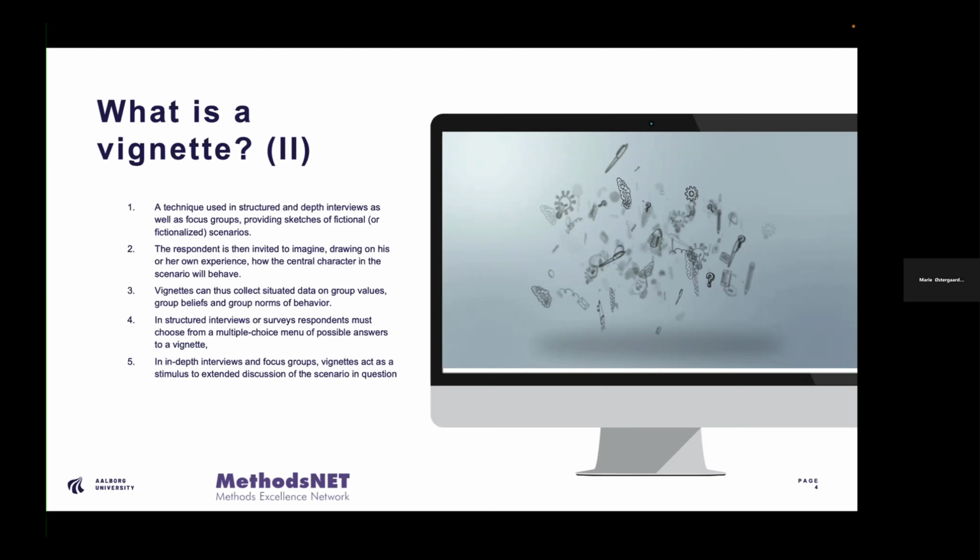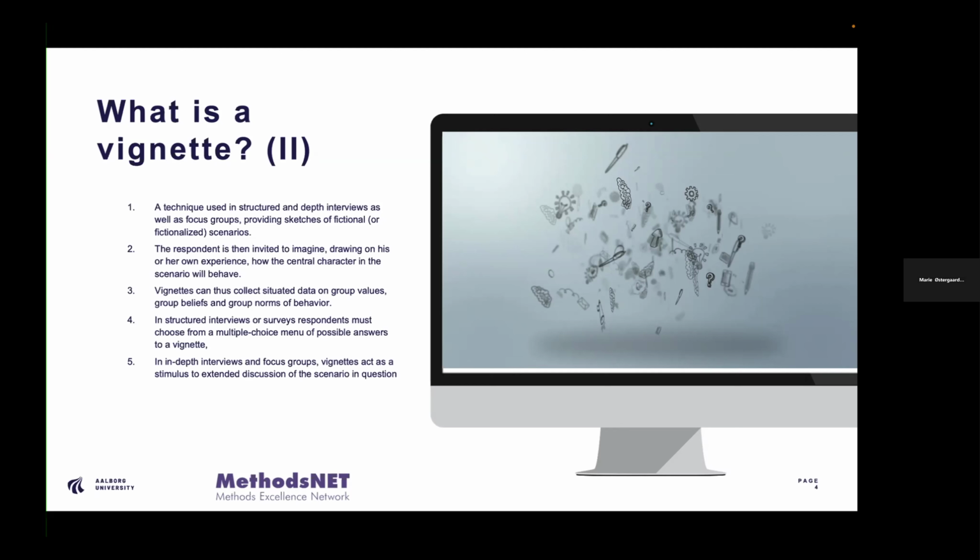So a vignette is also a tool, as I said before, which you can use in in-depth interviews and in focus groups. And here the vignettes act as a stimulus to the extended discussion of the scenario in question. So imagine a focus group discussing the ethical issues in social work, for example.